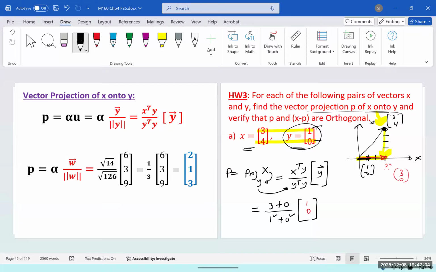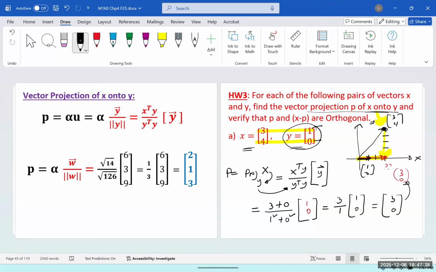So this is the projection of the x vector onto y. So 3 plus 0 is 3, 1 plus 0 is 1. So when you multiply, we get 3, 0. Ta-da! We get the same thing that we inspected.